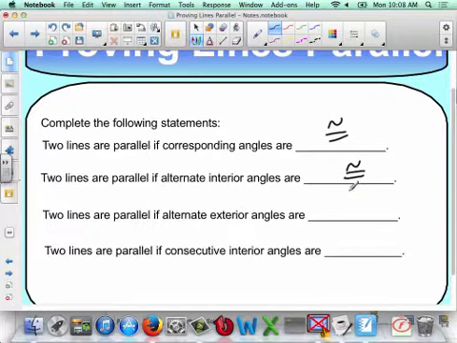Christian, two lines are parallel if alternate exterior angles are congruent. And the last one goes to Tori. Two lines are parallel if consecutive interior angles are supplementary.